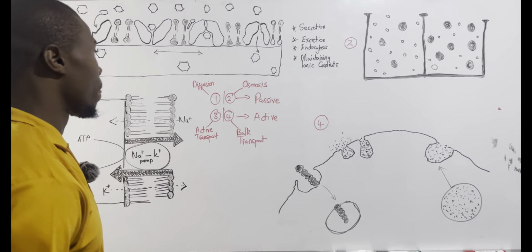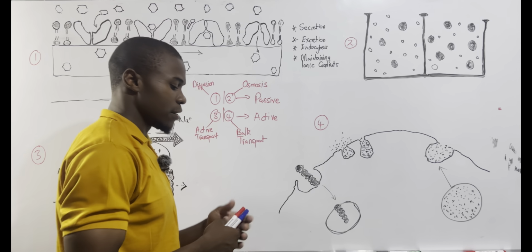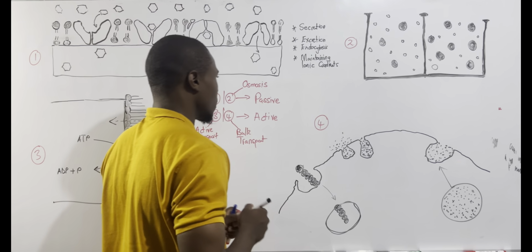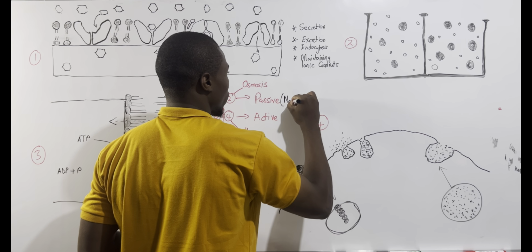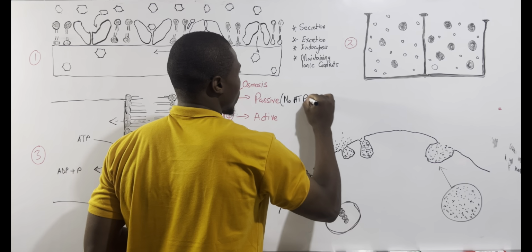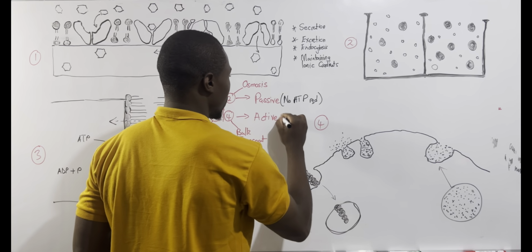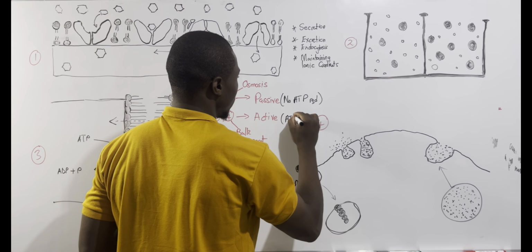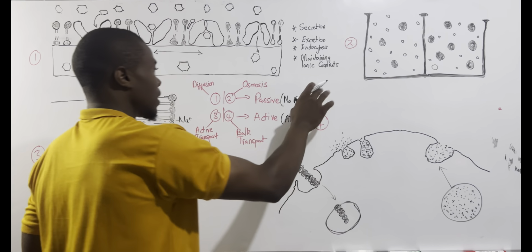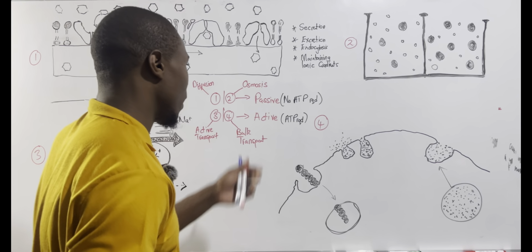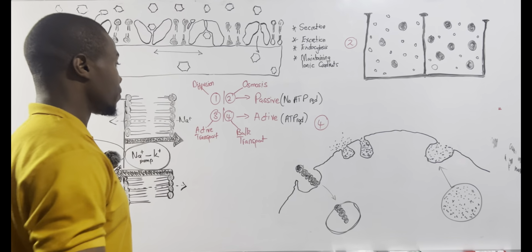These are the names. What do we mean when we say something is passive and something is active? Passive simply means no energy required, and active means energy required. That's the difference: one requires energy, the other doesn't.